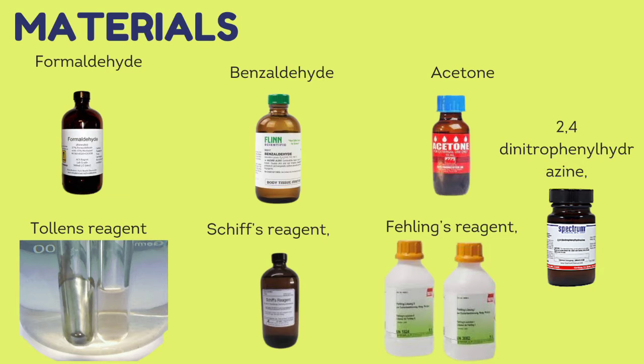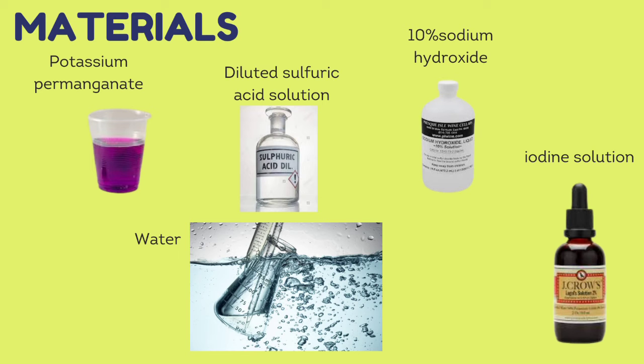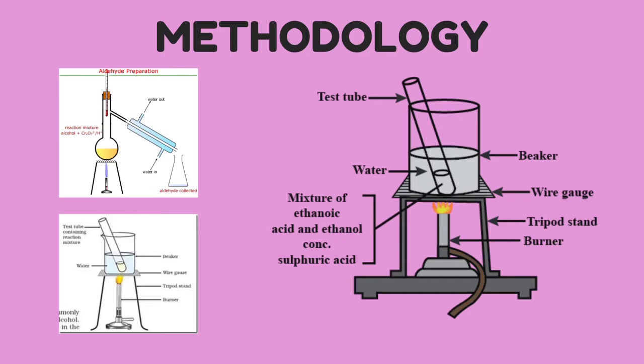For the materials, we have formaldehyde, benzaldehyde, acetone, Tollens reagent, Schiff's reagent, Fehling's reagent, and 2,4-dinitrophenylhydrazine. We also use potassium permanganate, diluted sulfuric acid solution, 10% sodium hydroxide, iodine solution, and water. This is the illustration of the experiment, and it shows how it has been done.